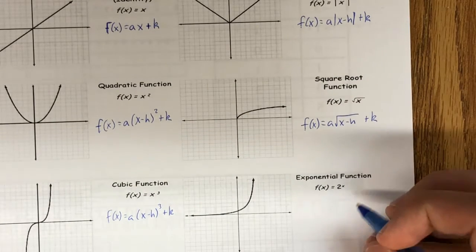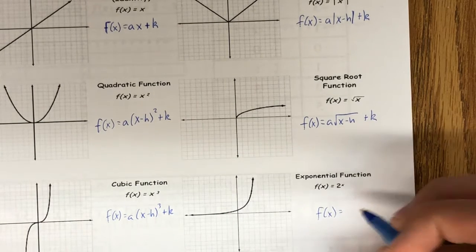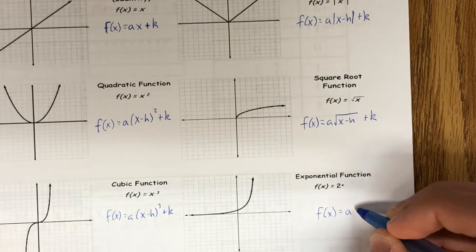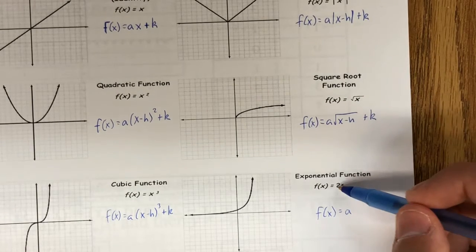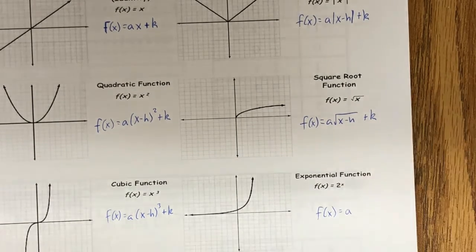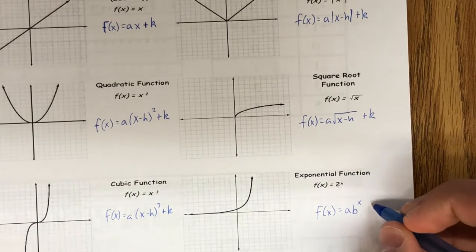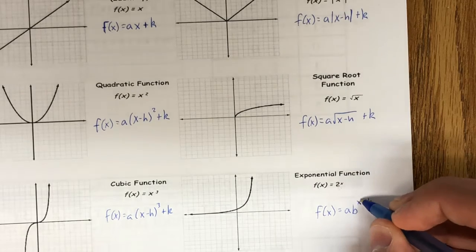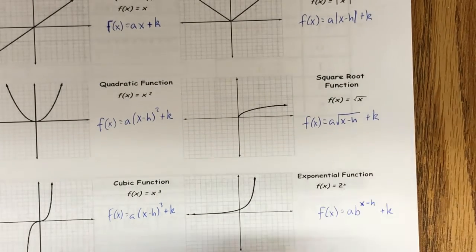quadratic functions. For our exponential functions, we can again have a multiplier. For an exponential function, there really isn't a parent function in terms of this number. We usually just think about it as b to the power of x, so any number to the power of x. And again, we can add or subtract with the x.